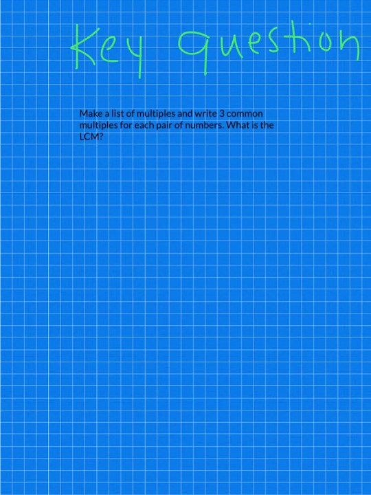So basically you're going to do this for 12 and 18. So if you're not sure what to do, go back, watch the video again, see my other example, because I did 4 and 8, and I think I did 3 and 5 as well. So watch it again if you need to, and please do the key question and be ready to hand it in first thing tomorrow morning.